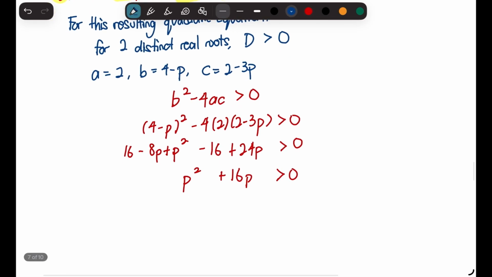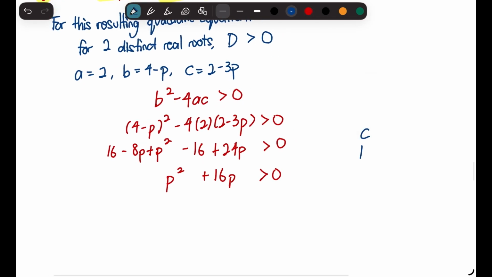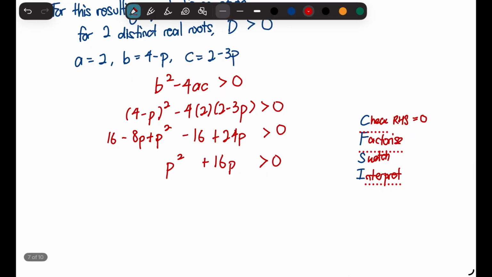So now we go back to the steps that we have learned. CFSI. I know that C means check right hand side is equal to 0, which is done. Next step, factorize, sketch, then interpret. So very simply over here, now I'll factorize my left hand side.